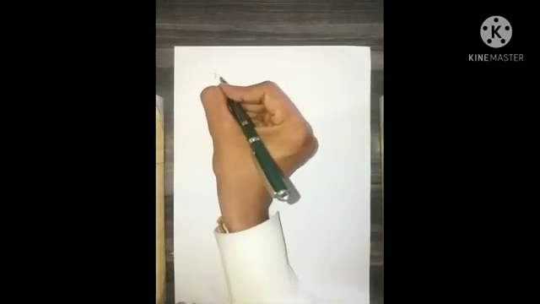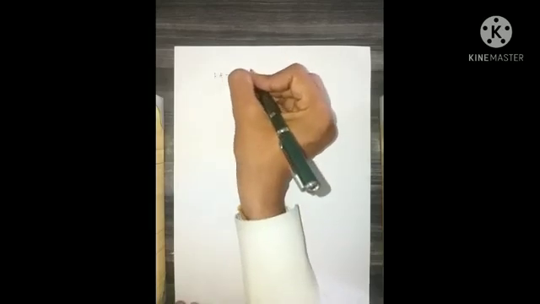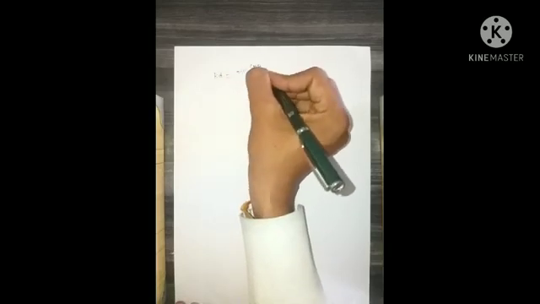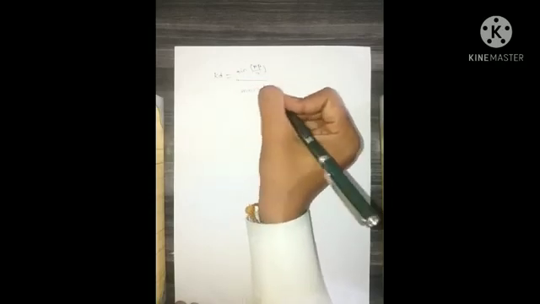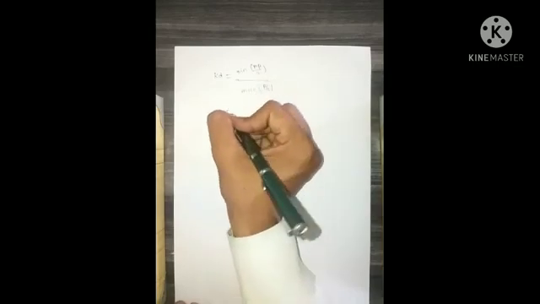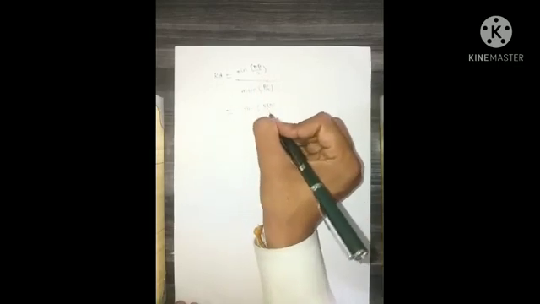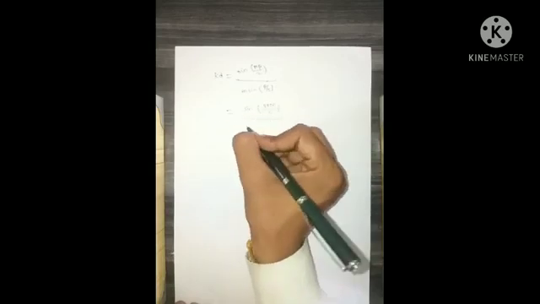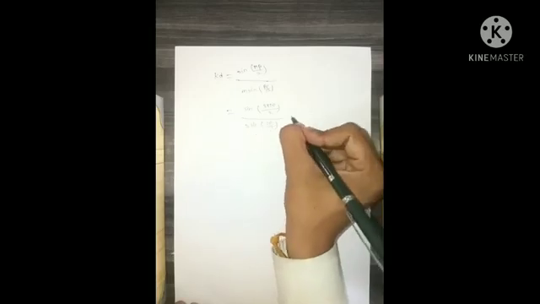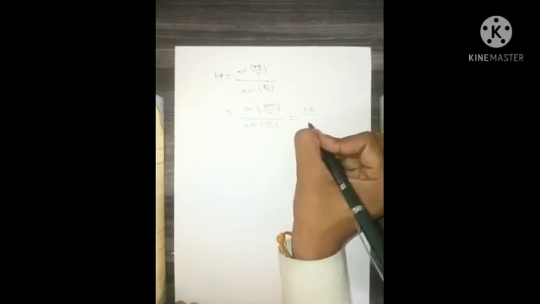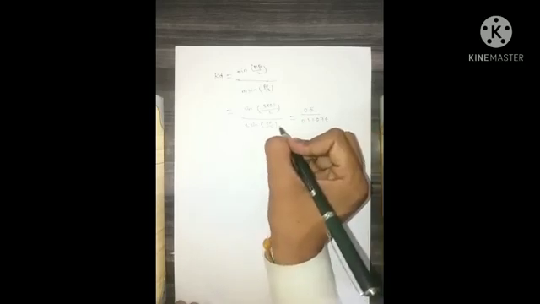Okay, now we have to calculate Kd. The formula for Kd equals sine of m beta upon 2 upon m sine of beta upon 2, equals sine of 3 into 20 upon 2 upon 3 sine of 20 upon 2, and the answer is 0.5 upon 0.52094.